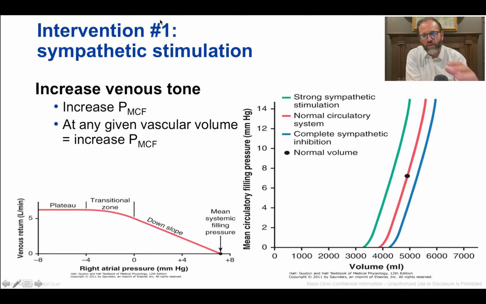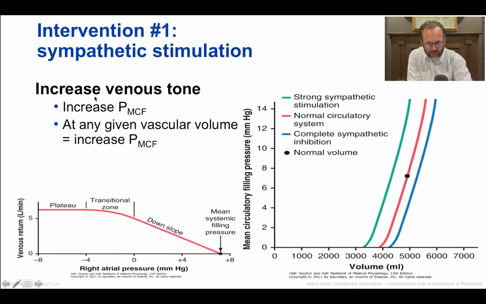So when we start to look at stressors to this response and changes in response to alterations in right atrial pressure, you can see here that with a change in venous tone, which is most often the change that people are interested in, we've got a change in mean circulatory filling pressure at any given vascular volume.